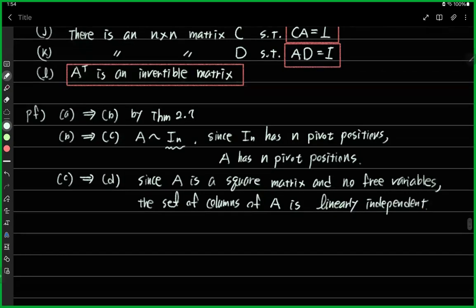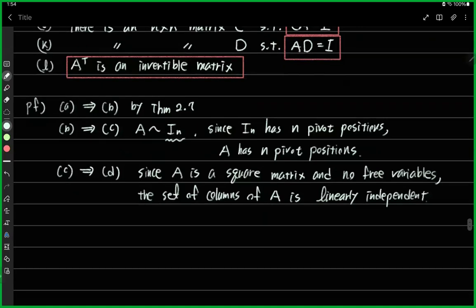And linearly independent means what? The set is linearly independent if and only if the homogeneous system A x bar equals 0 bar has only the trivial solution.